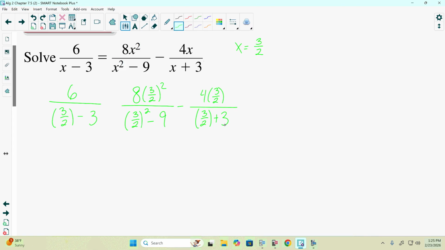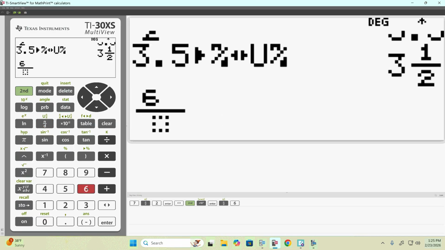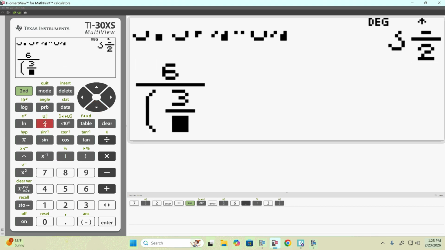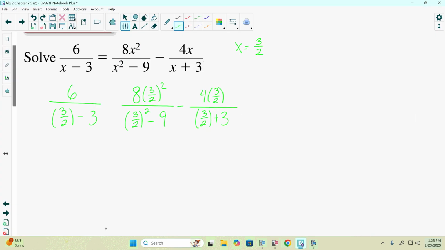Now, when we do this here, we could also do it in the calculator. We've done it by hand once already today. But if we do this in the calculator, we grab our calculator and say 6 over 3 halves minus 3. And it tells us that the left-hand side of the equals is negative 4.